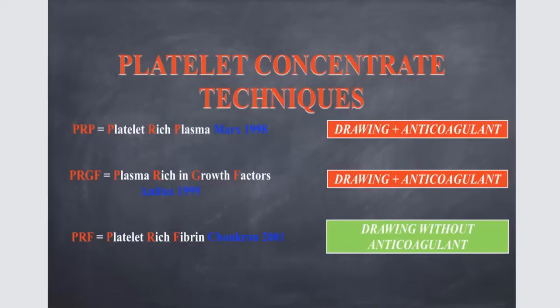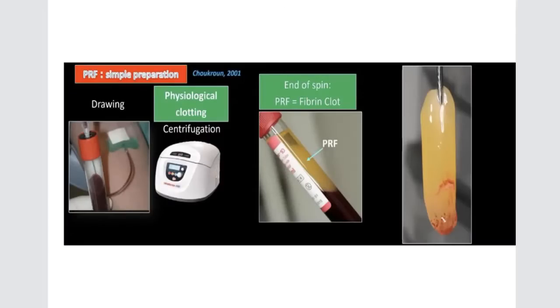And Anitua came out a year later with PRGF, and again it required a bovine anticoagulant. So Choukroun came up with a newer technique in 2001, and since then it has been employed several times over, using different techniques, and we have this blood draw without any anticoagulant. And that's just really a wonderful thing, not having to add any bovine thrombin into our sites.